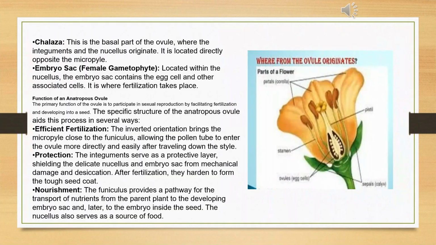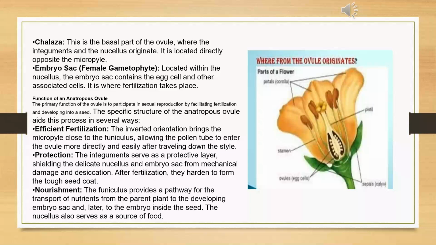Now we'll see the function of an anatropous ovule. The primary function of the ovule is to participate in sexual reproduction by facilitating fertilization and developing into a seed.